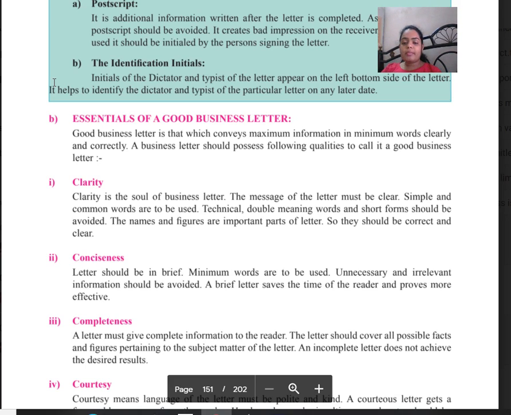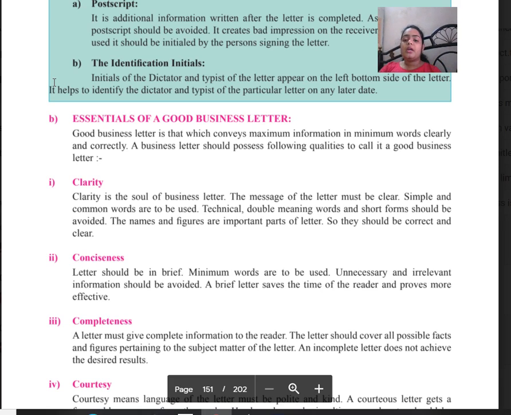The message of the letter must be clear. So, simple and common words are to be used. Technical double meaning words and short forms should be avoided. The names and figures are important parts of the letter, so they should be correct and clear.